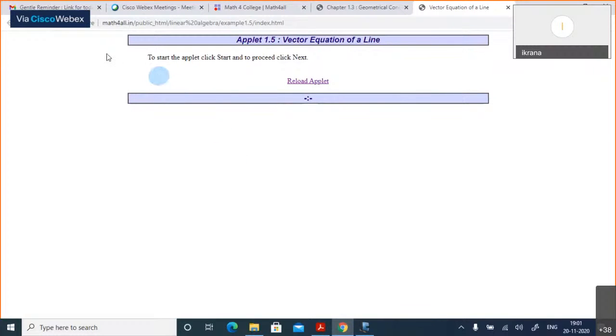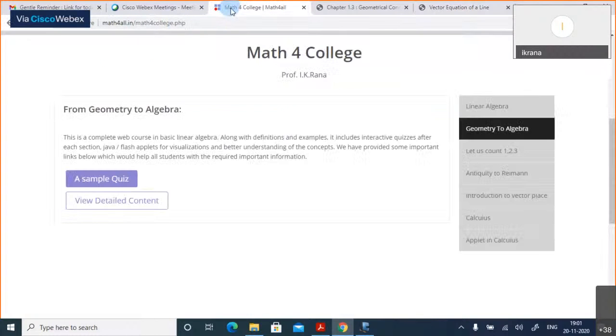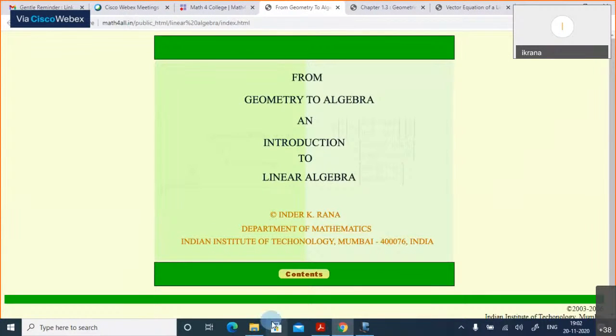Otherwise the written content you can always access. So go to Math for All, detailed content, Geometry to Algebra, and you will find a soft version.